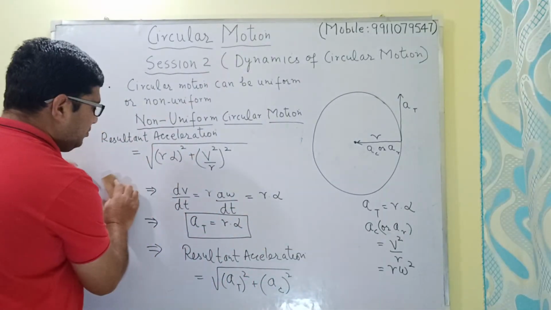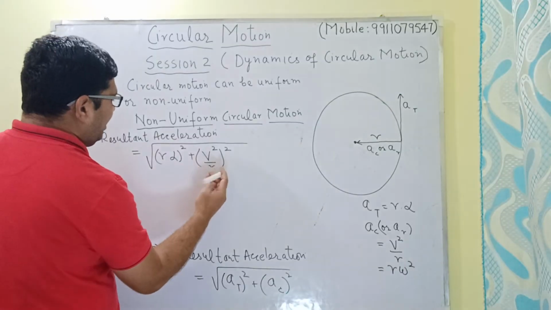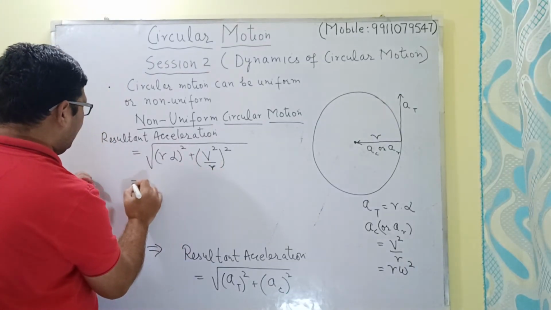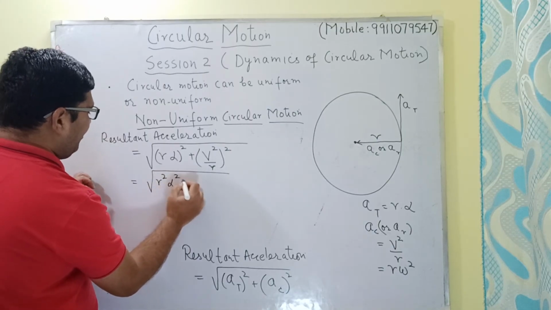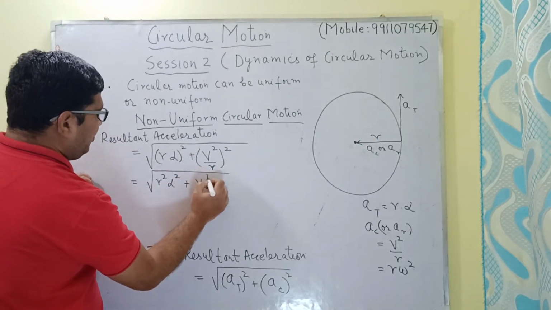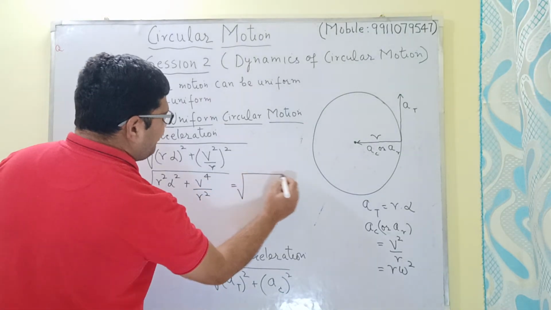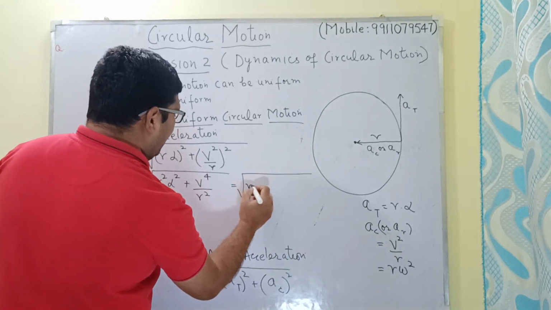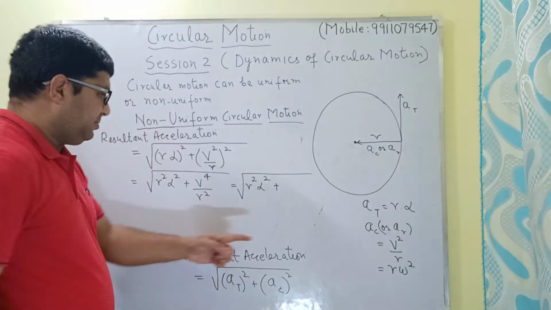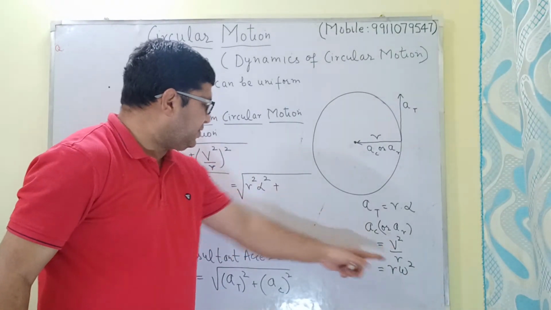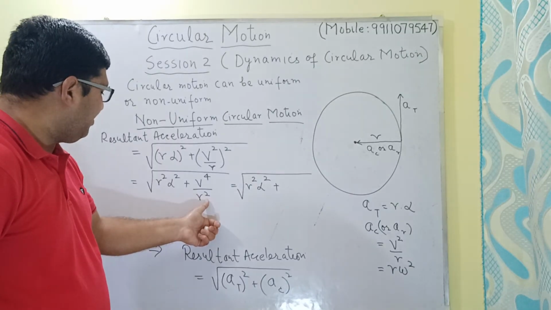So this can be written as under root of R square alpha square plus V to the power 4 divided by R square. Since the radial acceleration is V square upon R, squaring it gives V to the power 4 divided by R square.